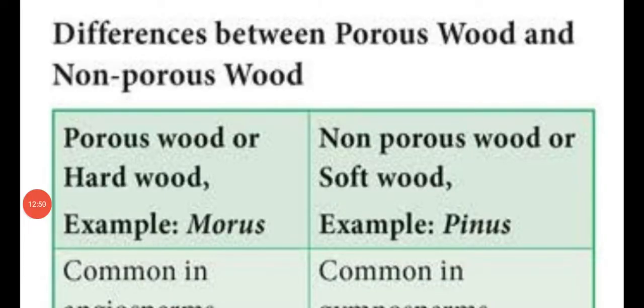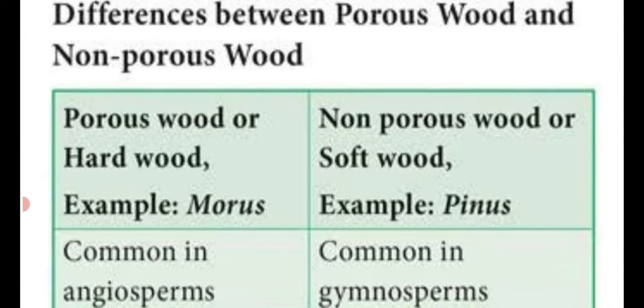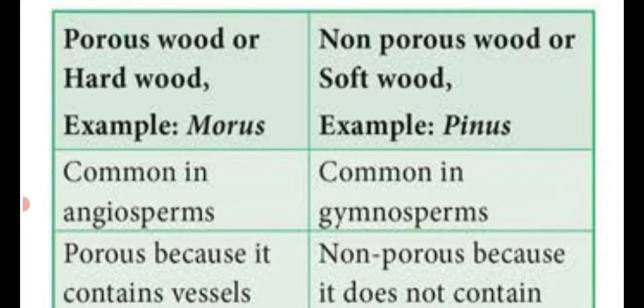Dear students, see the table column. Differences between porous wood and non-porous wood is very important. 3-mark question. First one, porous wood, example, Morus. Here non-porous wood, example, gymnosperm plant, example, Pinus.